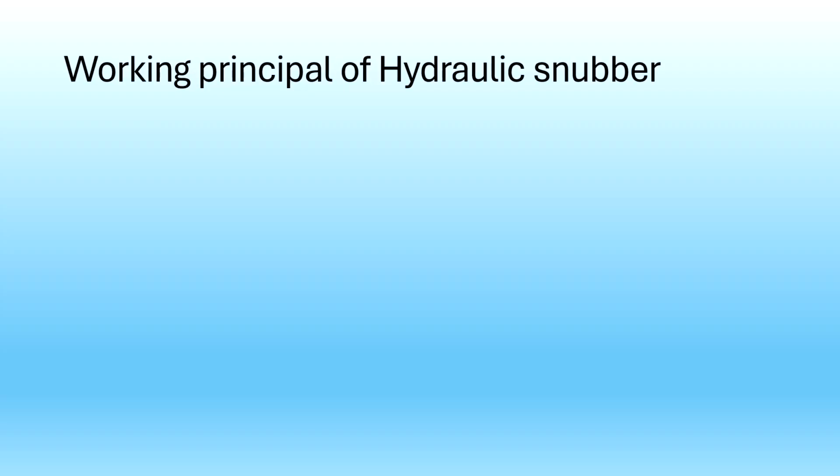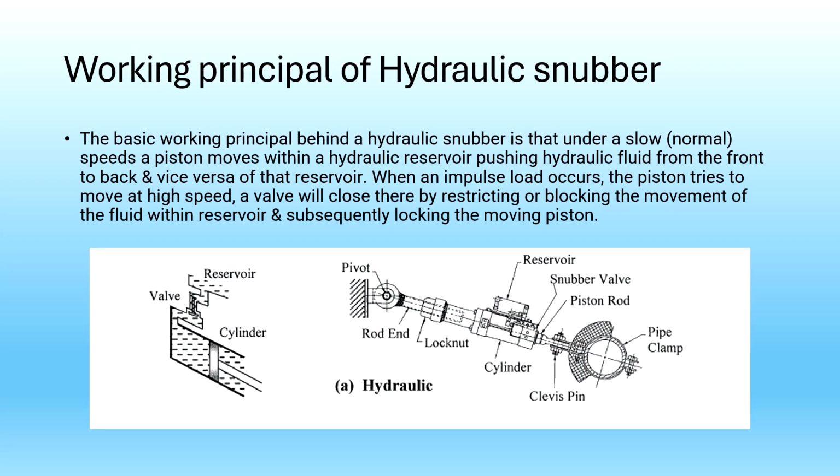Now let's go to the working principle of hydraulic snubbers. The basic working principle behind a hydraulic snubber is that under a slow speed, a piston moves within a hydraulic reservoir, pushing hydraulic fluid from the front to back and vice versa of that reservoir. So during the slow movement, that is during the slow thermal movement, the piston moves, and here you can see the reservoir, and here the flow of the fluid takes place.